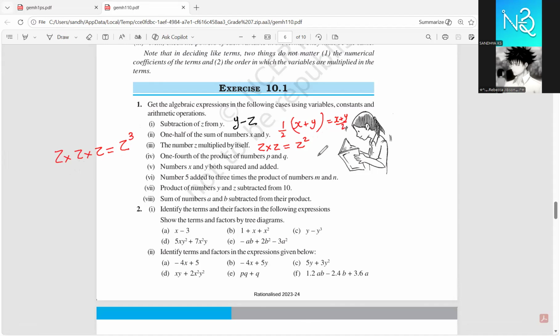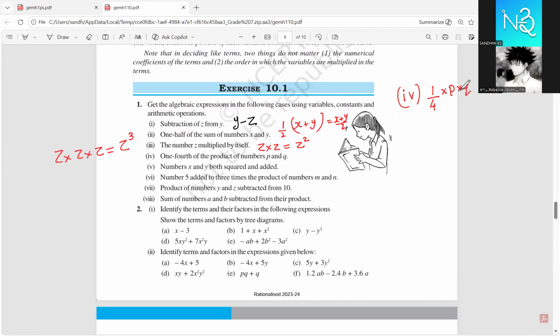Clear? Yes. Next, 1/4 of the product of numbers p and q. 1 by 4, into p into q.